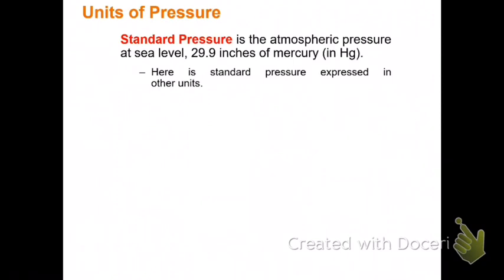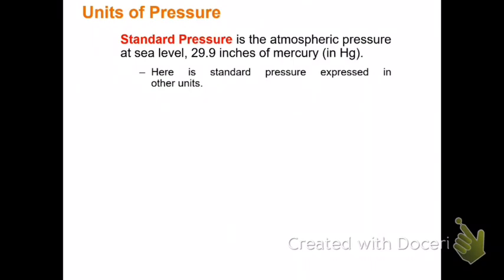All right, so let's look at the different units of pressure. First, let's define what standard pressure is. Standard pressure is the atmospheric pressure at sea level, 29.9 inches of mercury, or 1 atmosphere. Standard pressure is basically a frame of reference, so that it makes measurement comparisons easier.